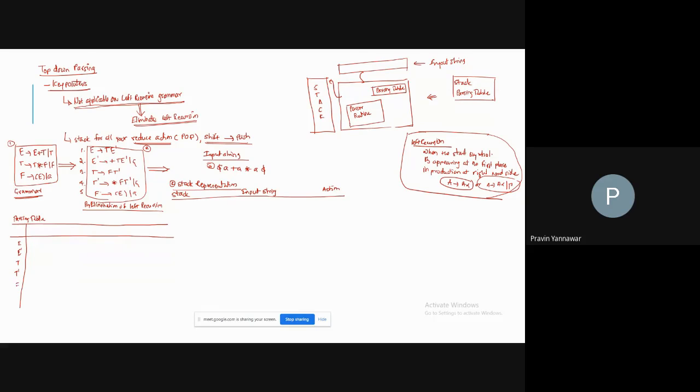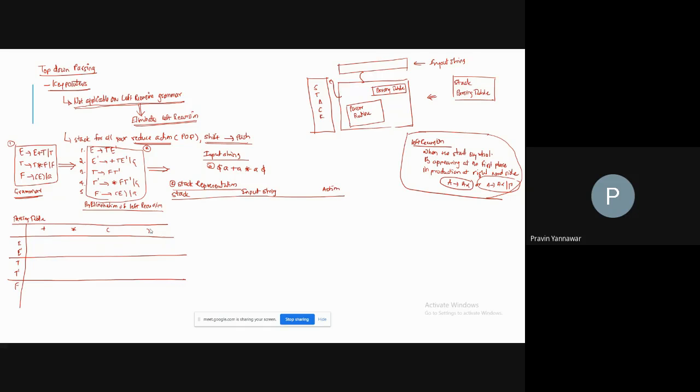So all your non-terminals are here: E, E', T, T', and F. Then your terminal symbols are plus, star, and what is left is opening bracket, closing bracket. So this is what exactly it is.